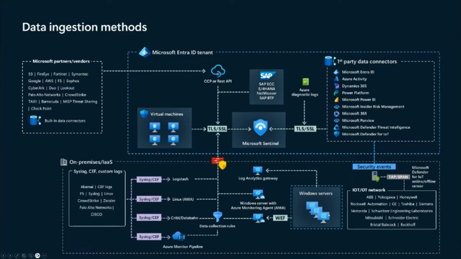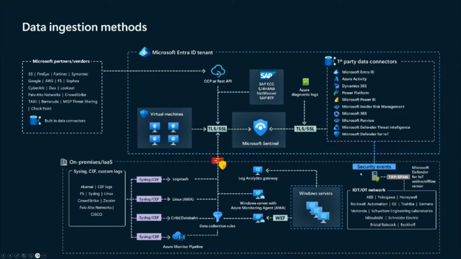If you have a number of Windows servers and you want to centralize the collection of those logs, you can set up a Windows event forwarding policy and have those servers all send, through a subscription to that policy, up into the Sentinel workspace. And if those servers can't connect to the public internet, you could also set up a Log Analytics gateway in order to send that data into the Sentinel workspace.